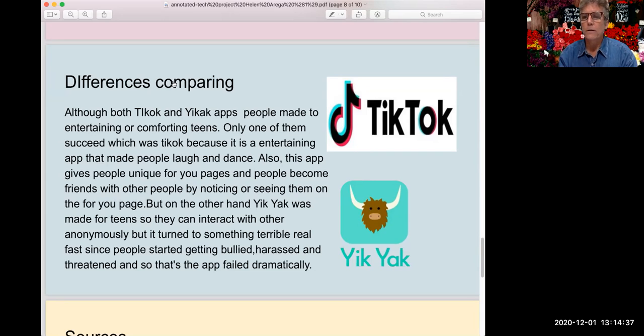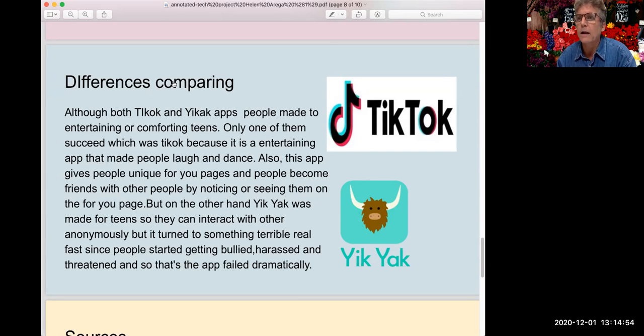Now, the other thing I wanted to say about the difference between TikTok and Yik Yak is the idea that part of the reason that TikTok succeeded and Yik Yak did not was TikTok cares about their user experience.